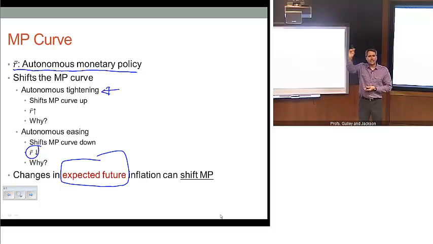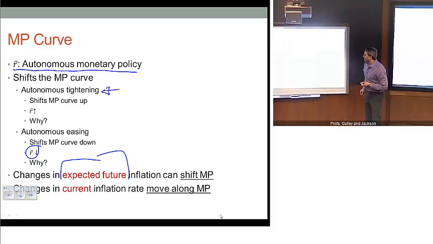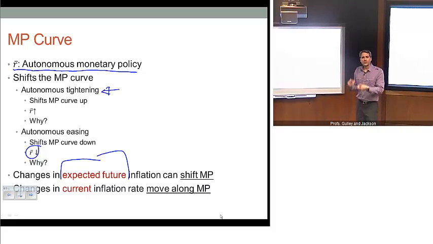So R bar could increase even if inflation is still stable today at this point. Alternatively, if we have changes in the current inflation rate, as I said before, the Fed acts in this sort of mechanical way to address the current inflation rate and adjust its policy stance appropriately based upon this MP curve. So changes in the current inflation rate simply move us along a given MP curve.